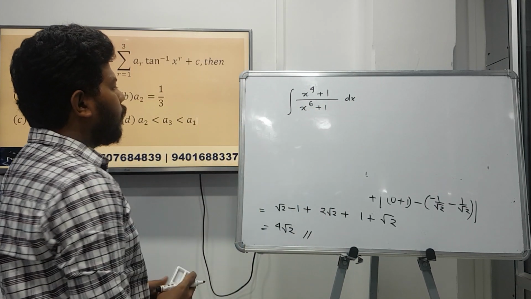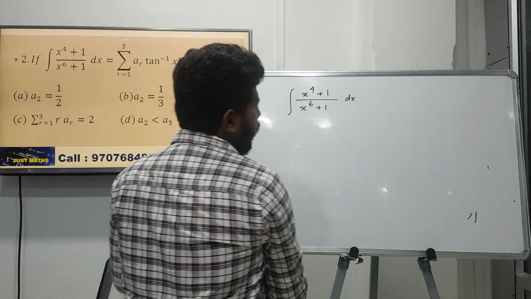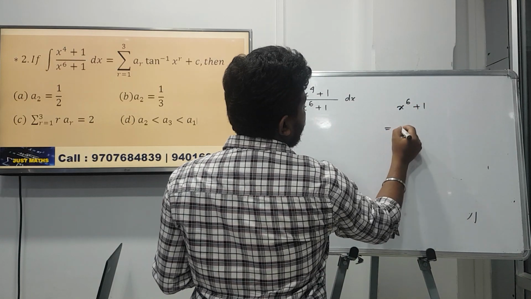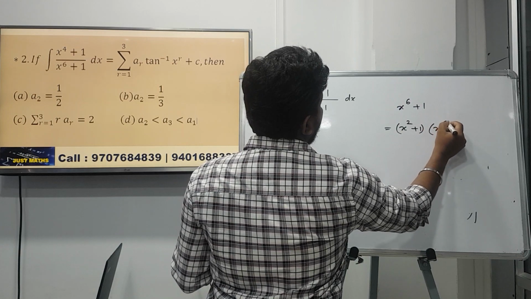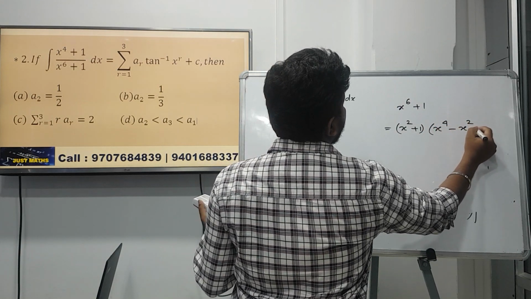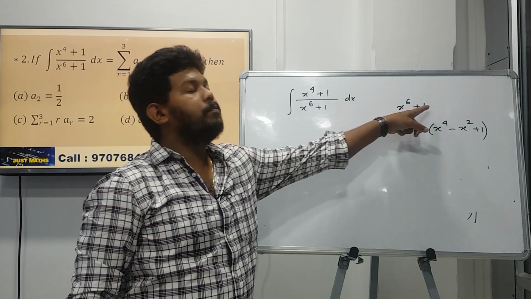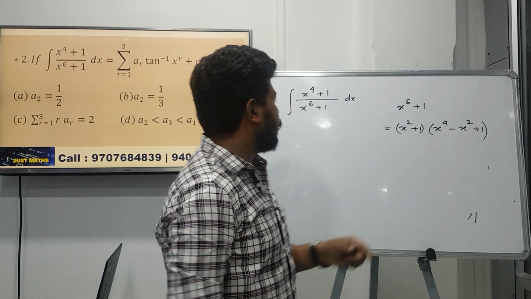What is x^6 + 1? If you see, x^6 + 1 means (x^2 + 1) multiplied by (x^4 - x^2 + 1). This is a cube plus b cube, which is (a + b)(a^2 - ab + b^2).